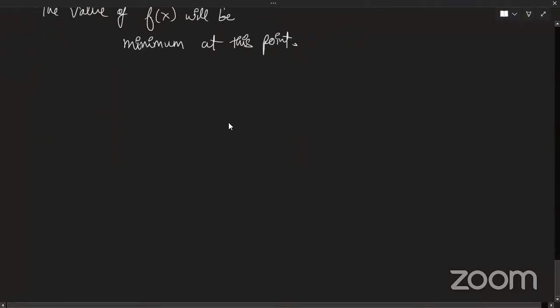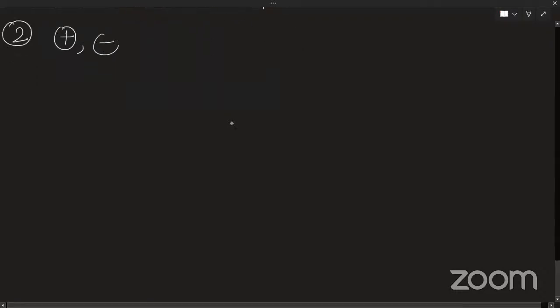Okay. Similarly, now I'll be discussing the second point. Second is what? Plus minus. What does plus minus mean? Plus minus means before this point came into the picture, the function was increasing, it was going up. After this point, it was coming down. Okay. And at this point, it is turning out to be 0.